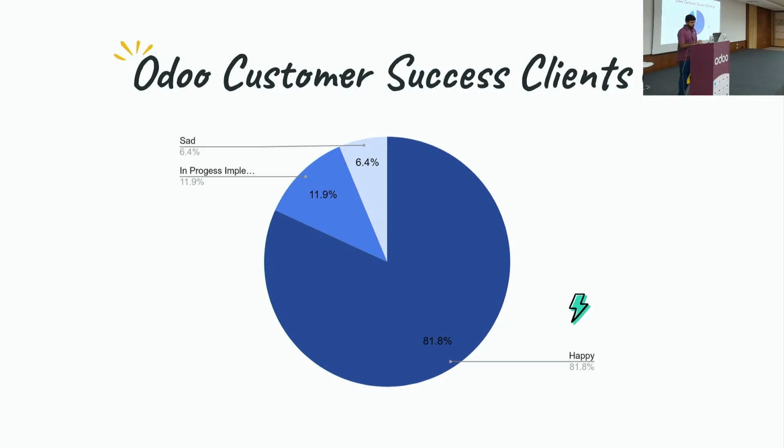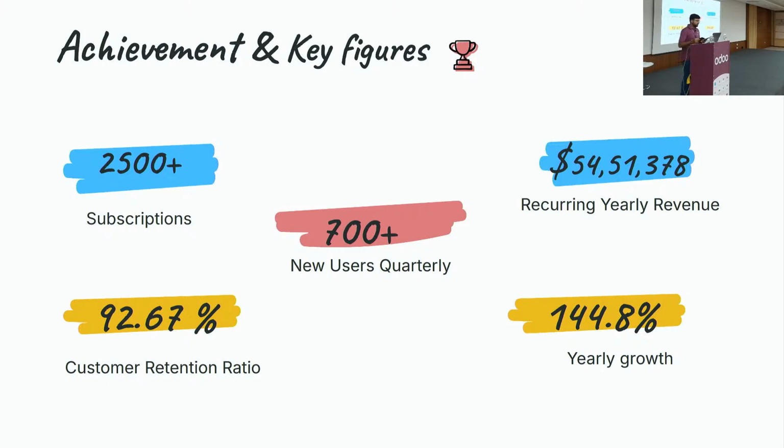Okay. The last moment is this: achievements, what we achieve and what our key figures are. Currently we are handling 2500 subscriptions, meaning customers, in the customer success manager team including partner and the direct team, right?